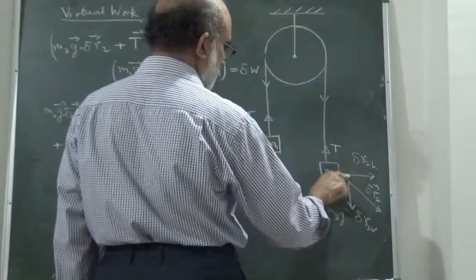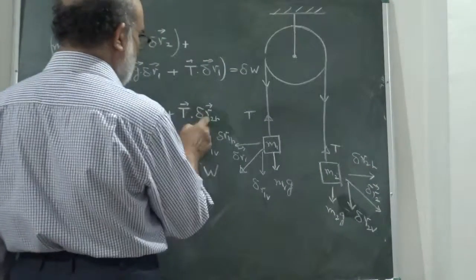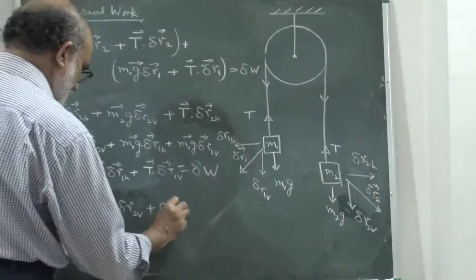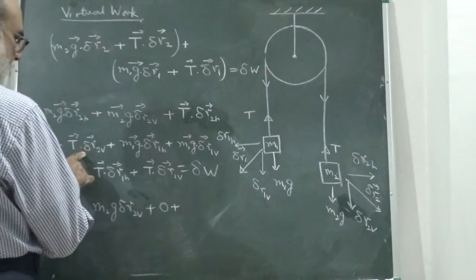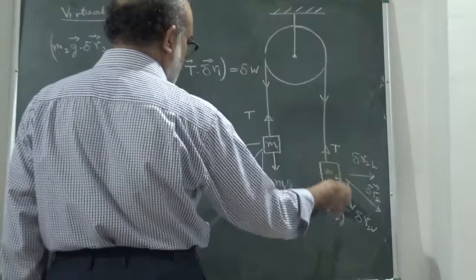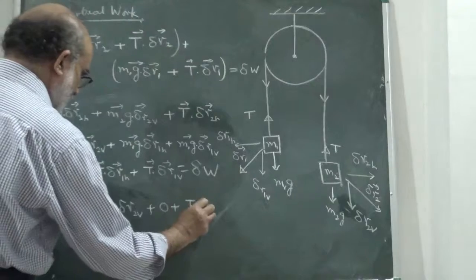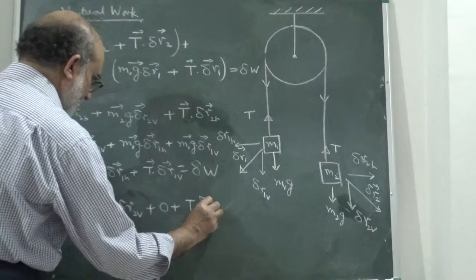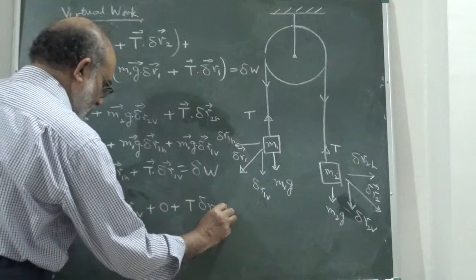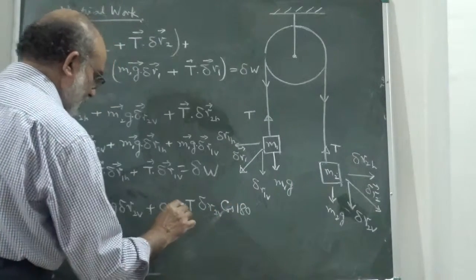Tension and horizontal displacement make 90 degrees, so the dot product is 0. For the vertical displacement, the angle between tension and displacement is 180 degrees, so it is T delta R2V cos 180, or simply minus 1.